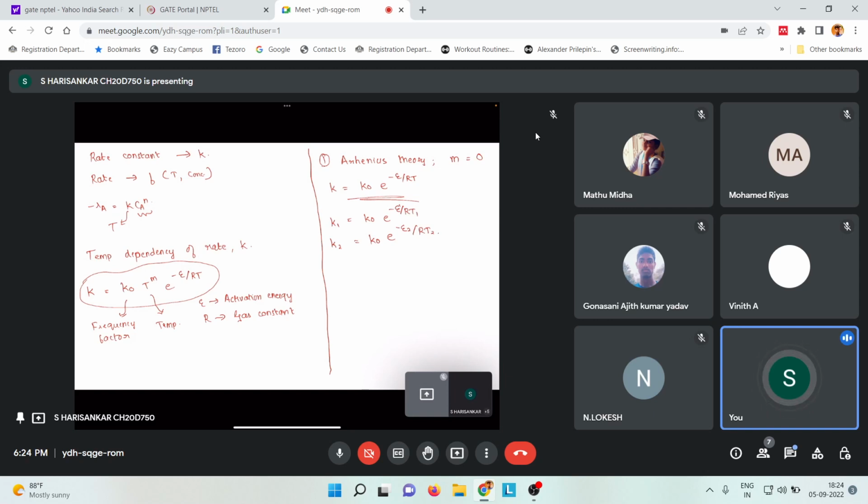If we divide these two, k1 by k2 will be equal to, k0 will get cancelled, e raised to minus E1 by RT1 minus of minus E2 by RT2. We can take the log of this.